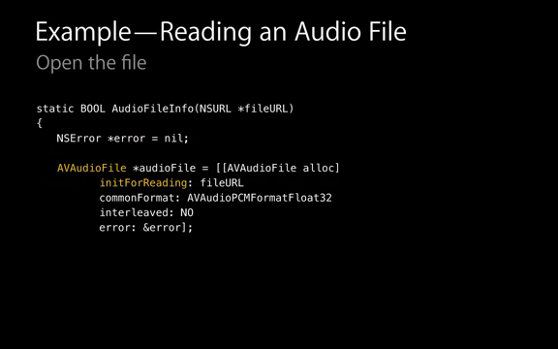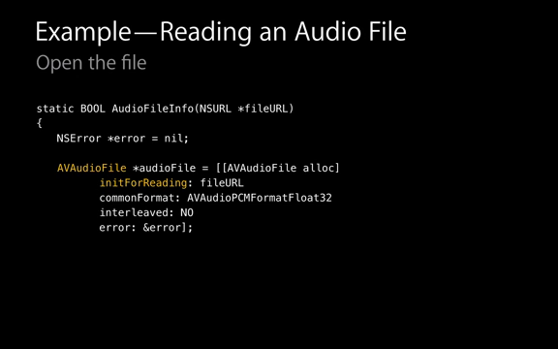Okay, I'd like to tie all these classes together now with a short example. In about 4 screens here, we'll see what it's like to open an audio file, extract some basic information from it, and read through every sample in the file. So here we have init for reading. We simply pass a URL. I'm using the variant here that's explicit, but I'm passing PCM float 32 anyway.